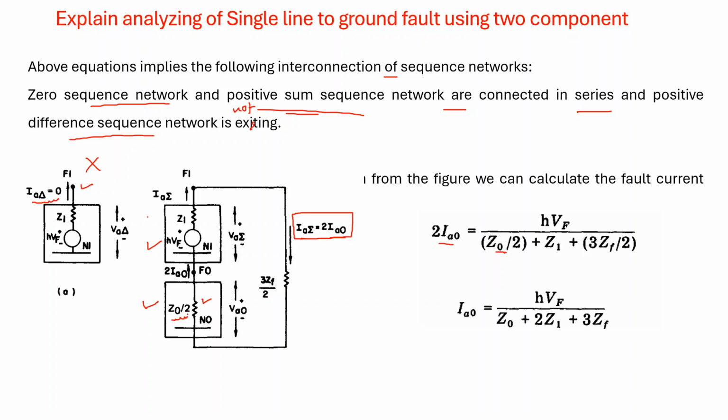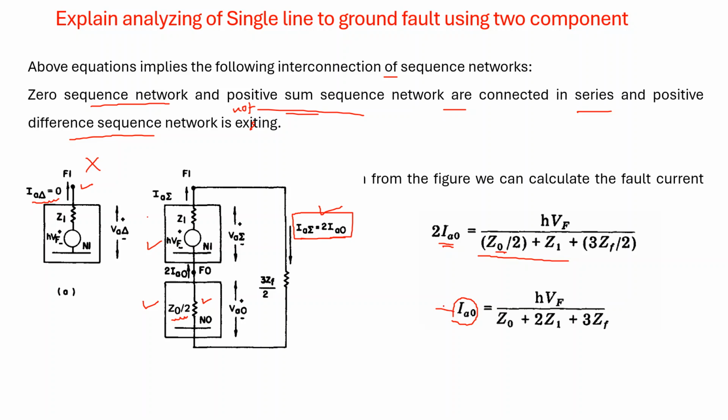The zero sequence network is divided by 2 and the fault impedance is made 3ZF by 2. This modification is only done to obtain IA summation equal to 2 IA naught. So we can find it by this equation, the voltage divided by the total impedance. The total impedance is there in the denominator and then we can find this I naught.